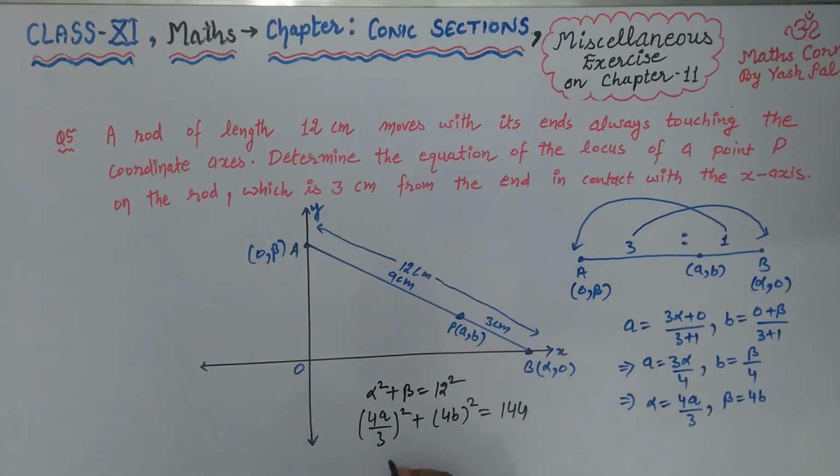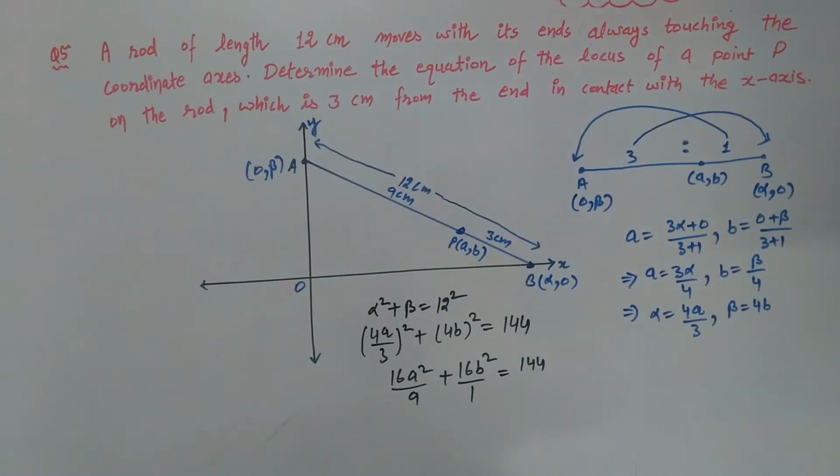Meaning to say we have 16a square upon 9 plus 16b square upon 1 is equal to 144. This way we can divide throughout by 16. We are left with a square upon 9 plus b square upon 1 is equal to 9, right?